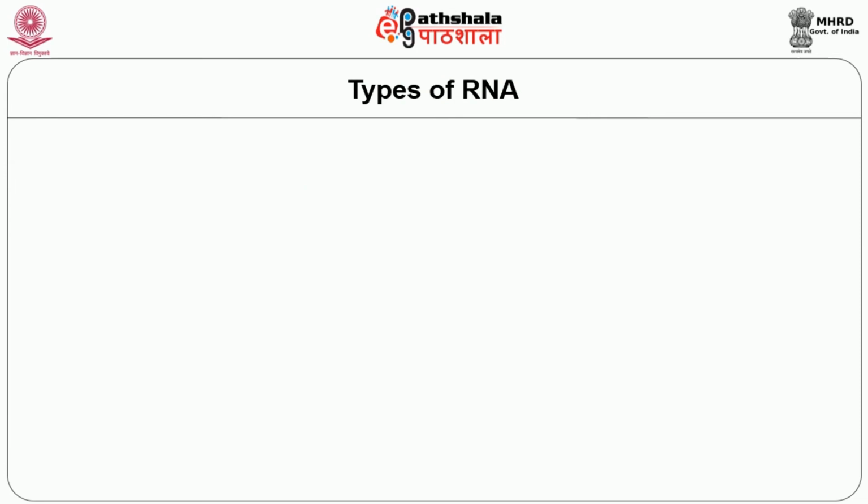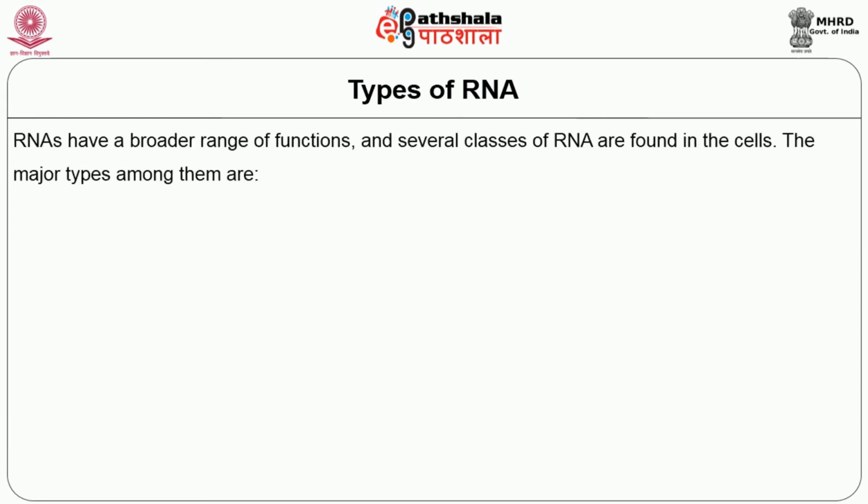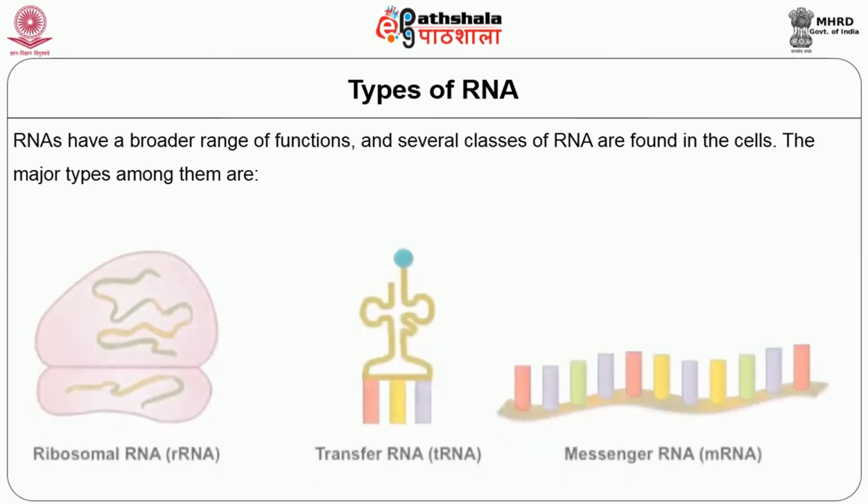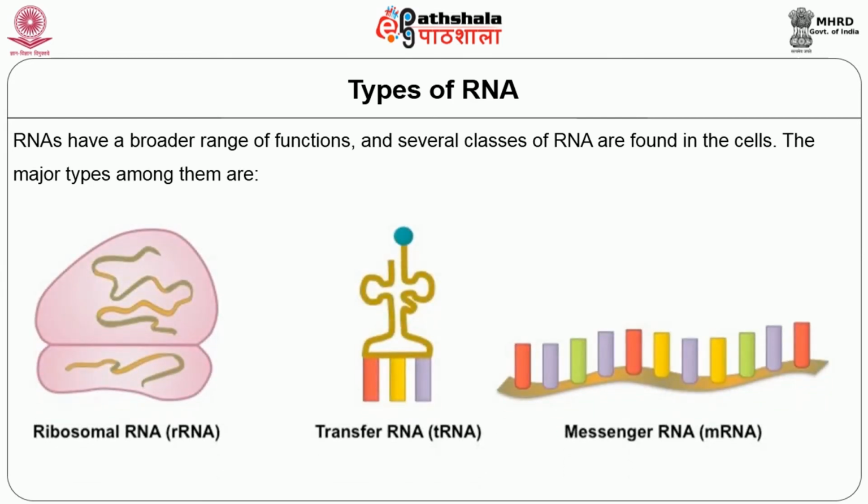Now let us move on to the types of RNA. RNAs have a broader range of function and several classes of RNA are found in the cells. The major types among them are ribosomal RNA or rRNA, messenger RNA or mRNA, and transfer RNA or tRNA.